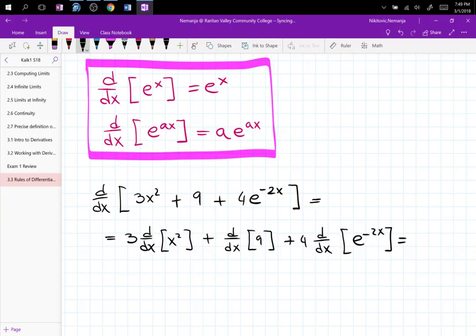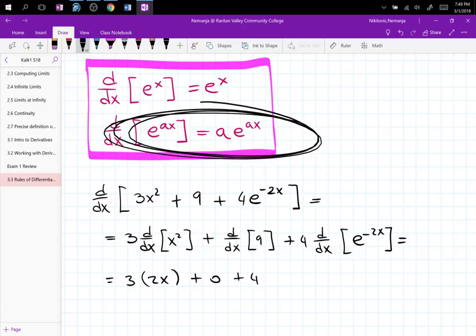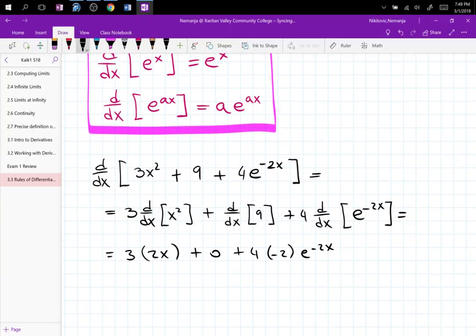So this is just rewriting so we can use our basic rules. 3 times 2x plus 0 plus 4 times, and using this formula here, we have a negative 2 times e to the negative 2x. So now that's equal to 6x, 0 is gone, minus 8 e to the negative 2x.